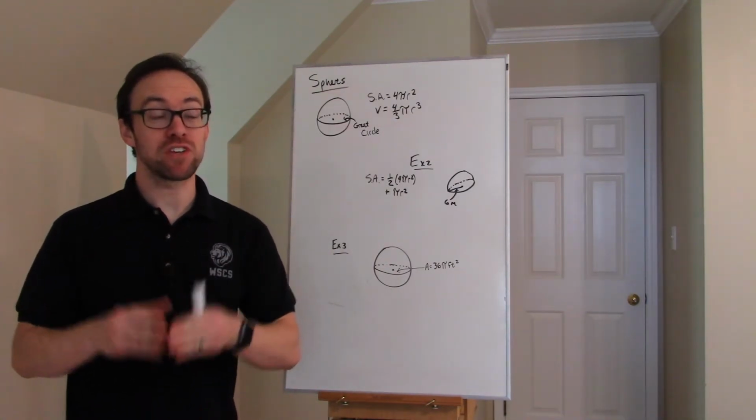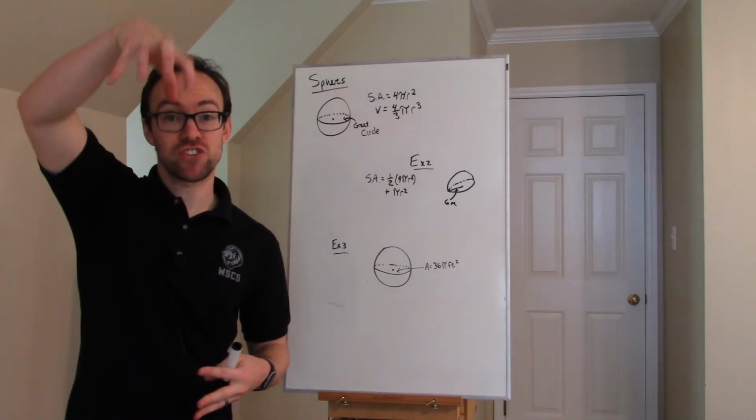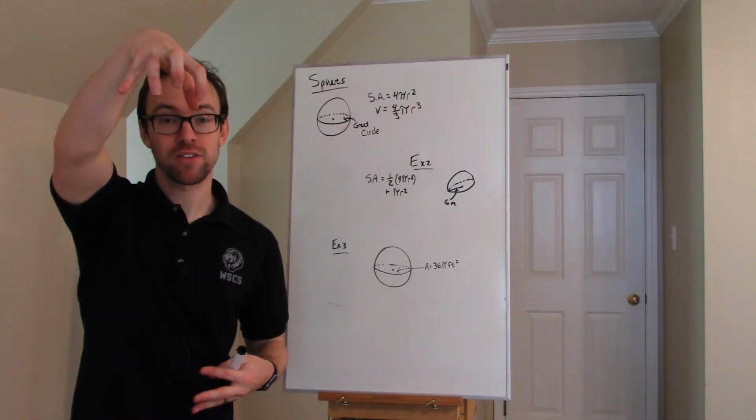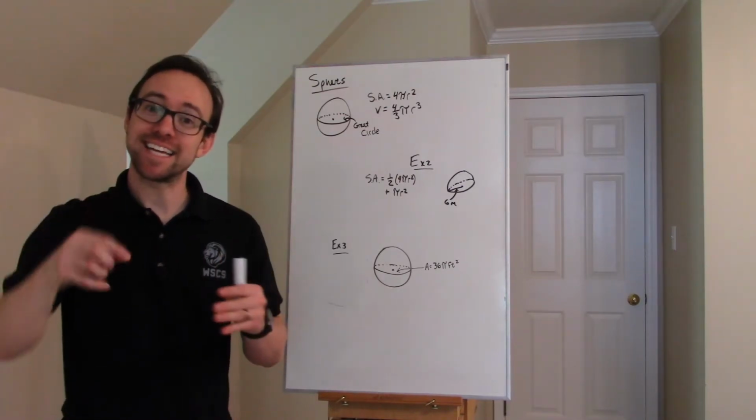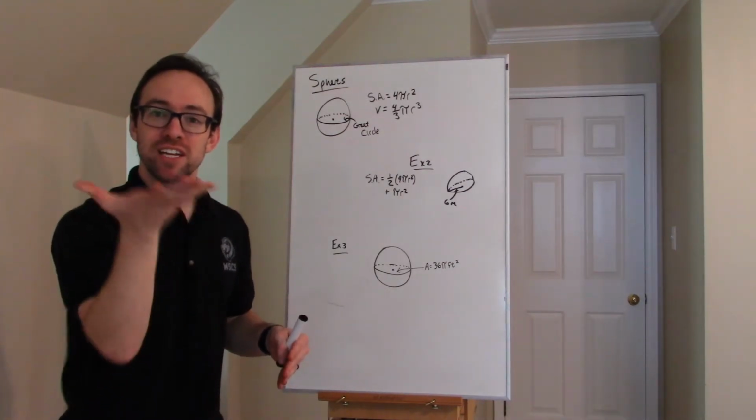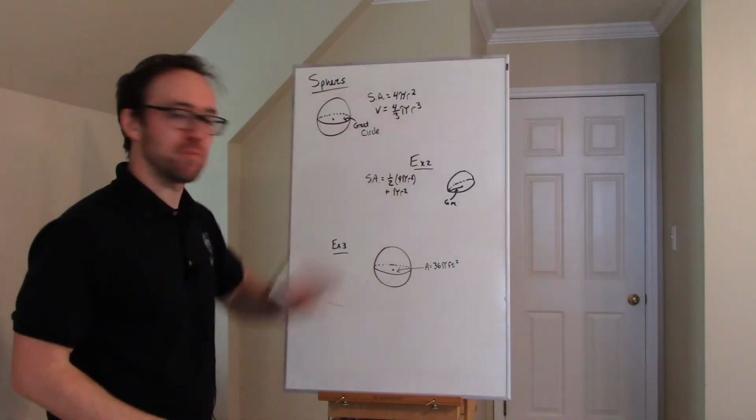So taking half of the spherical surface area is just taking the dome, the top part of the sphere, and then add in pi r squared to get the flat bottom part of this hemisphere.